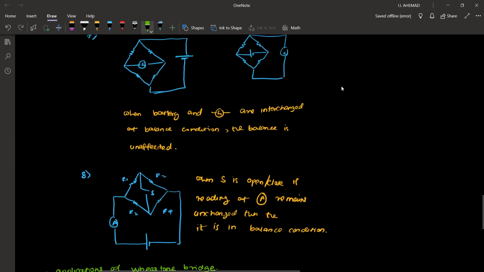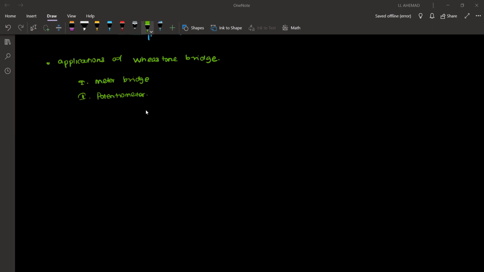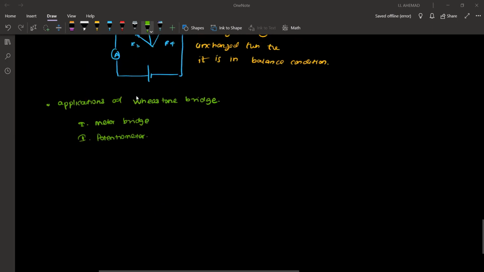Okay, once you have completed, let me know. Applications of Wheatstone bridge: meter bridge and potentiometer. So next topic, meter bridge.